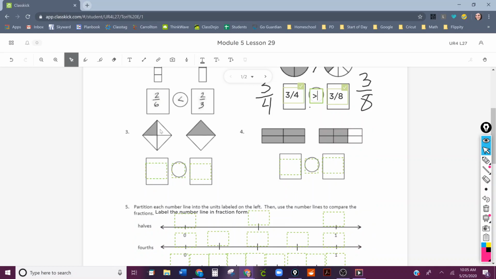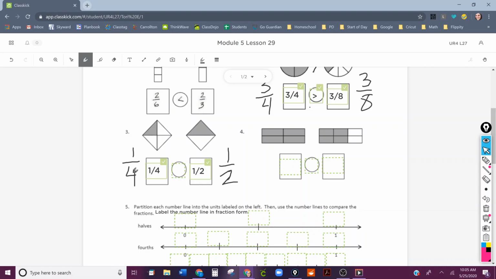Number 3. They've shaded 1 piece out of 4. Over here, they've shaded 1 piece out of 2. I'm going to write them in fraction form on the side so it's easy for me to see what the denominator is, because the numerators, or the number on top, is the same. The denominator is the number on bottom. This time the 4 is bigger than the 2.